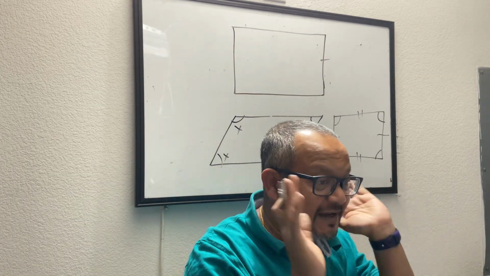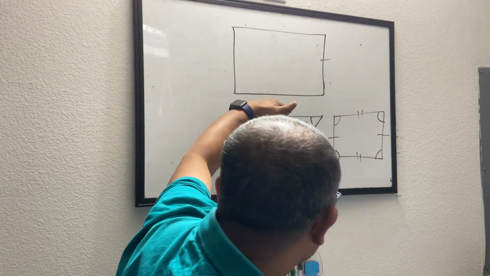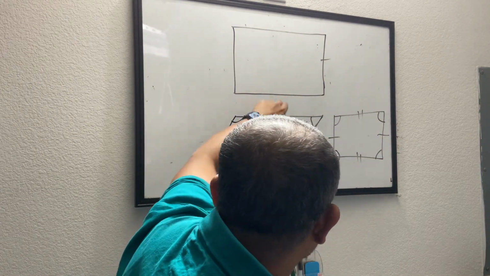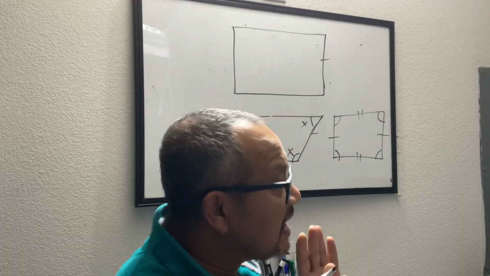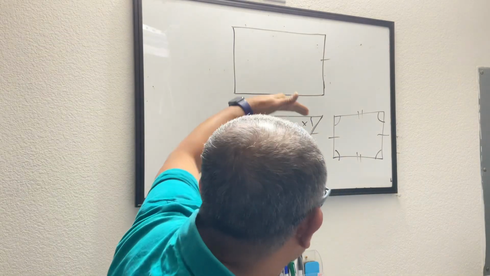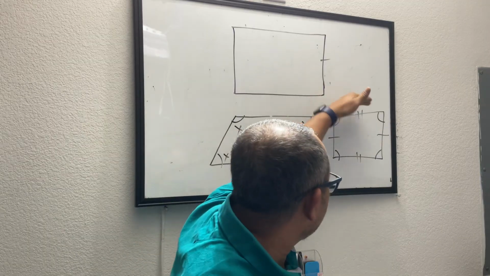I'm saying both are quadrilaterals, both have opposite sides parallel and equal, but a parallelogram doesn't put a condition that all the angles have to be 90 degrees, meaning there could be a parallelogram where the angles are not 90 degrees and there could be a parallelogram where the angles are 90 degrees.